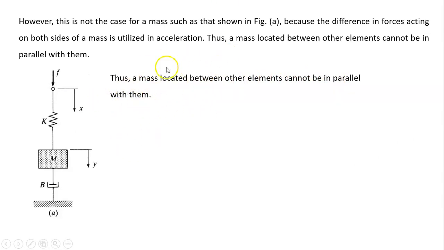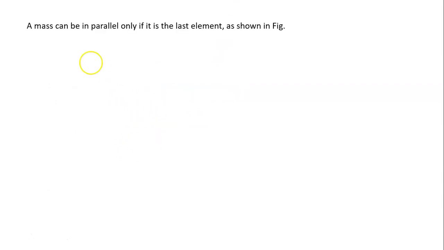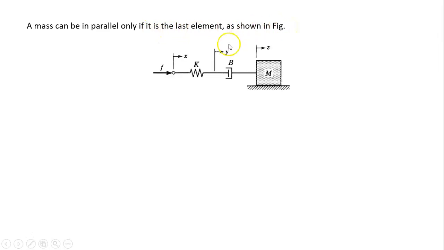Now we'll consider another diagram. A mass can be in parallel only if it is the last element as shown in the figure. Here mass m is at last. There are four coordinates x, y, z and ground.